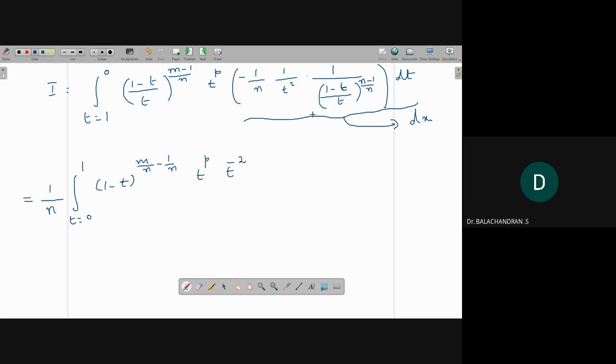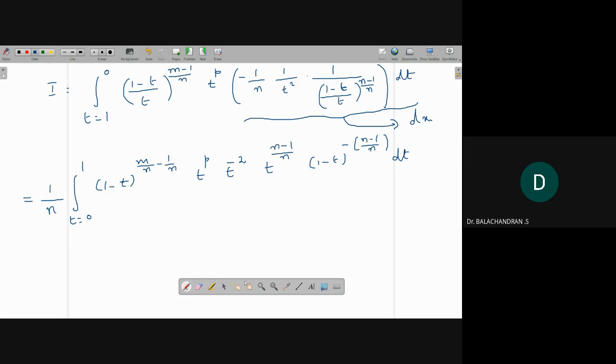I'm writing everything in the numerator. And then t power n minus 1 by n goes to the numerator, and then (1 minus t) whole power minus of n minus 1 by n into dt.